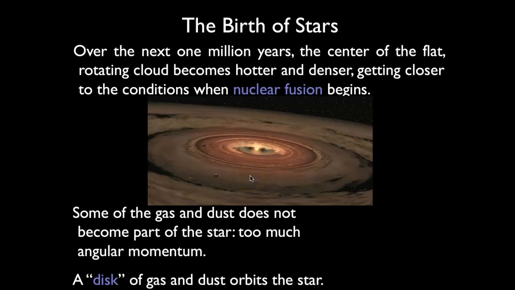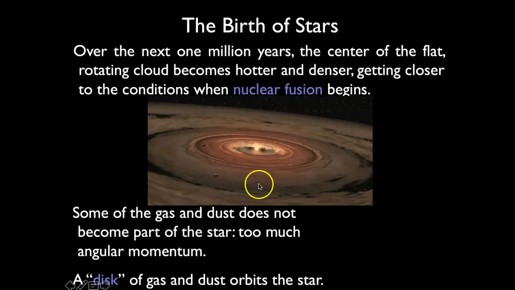All of the mass that was going too slow fell in toward the center. So all of the gas and the dust and the material from the blob, all the stuff that was going too slow fell in toward the center, and it becomes part of the protostar. All of the material that was going fast enough, all of the material that had enough angular momentum, it falls into orbit.